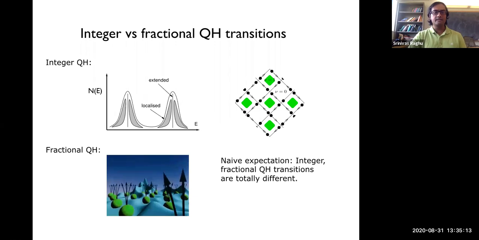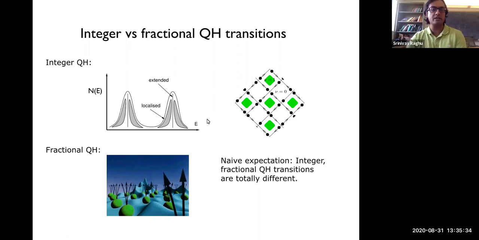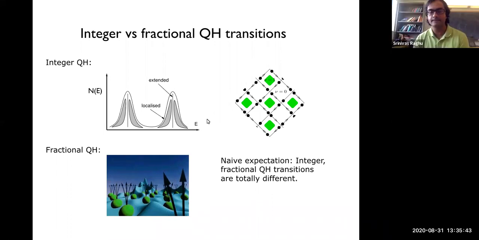Okay. By contrast, no one in their right mind would say that there are free fermion realizations of fractional quantum Hall states. The fractional charge statistics, topological order, and so on, all those beautiful and profound features cannot be obtained from free electrons. And so the naive guess that many condensed matter physicists would conjecture is that phase transitions involving the integer quantum Hall state and the fractional quantum Hall state should be completely distinct. They should be in distinct universality classes.